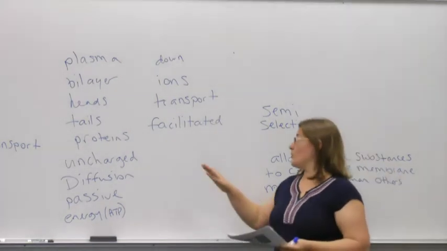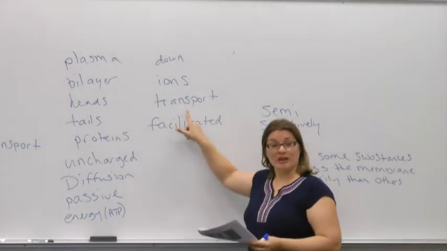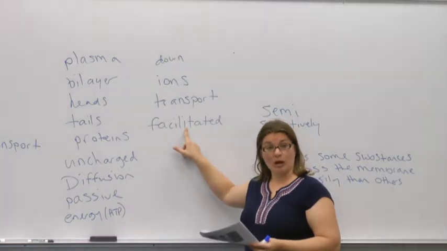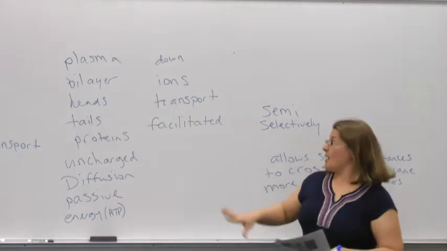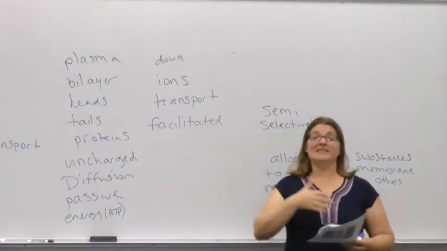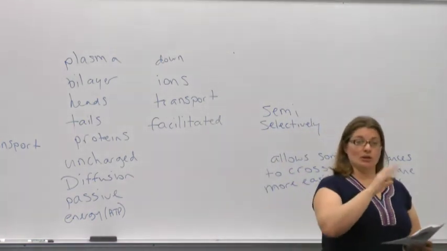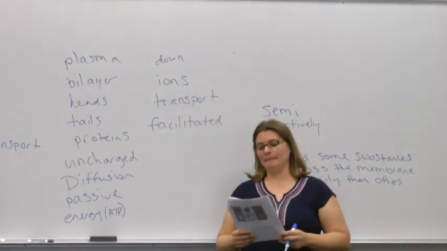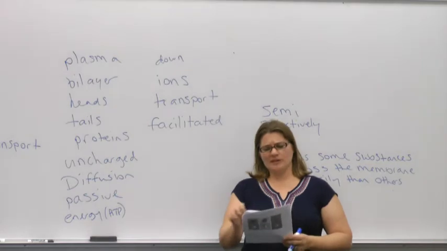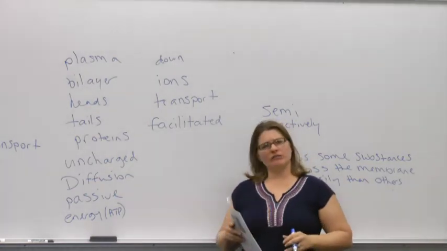I said, no, you don't need energy for this. You only need the transport protein because you're still moving your molecules from high to low. Active transport, the opposite of diffusion, needs the energy because you're moving stuff from low to high against the concentration gradient. Okay. So anybody have any more questions on that fill in the blank paragraph?